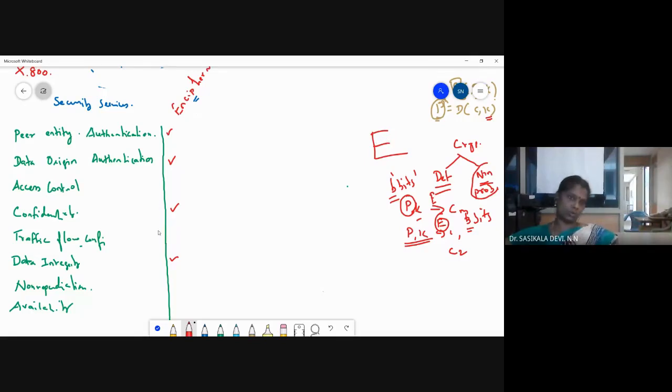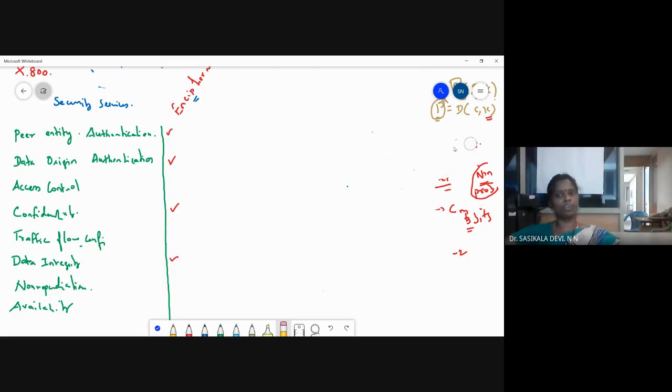So it also provides traffic flow confidentiality. Traffic flow confidentiality is not possible with all types of crypto system; it is possible with probabilistic crypto systems. ElGamal is one of the probabilistic crypto systems.